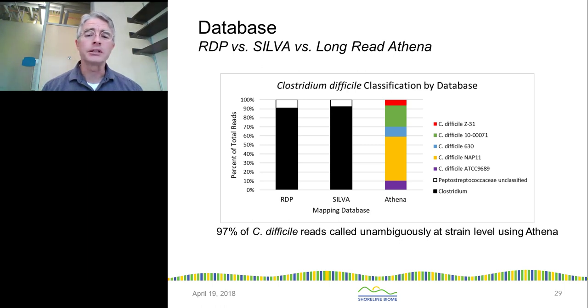And why you'd want to do that is evidenced by this particular sample, because number one, there are 5 different strains of C. diff that this individual is co-infected with. It was at a very low level. In fact, this was a sample that came back as negative when in fact we're able to detect C. diff in it as positive. And what we're able to show is that there is the presence of this C. diff Z31 in there, which is a non-toxigenic strain.